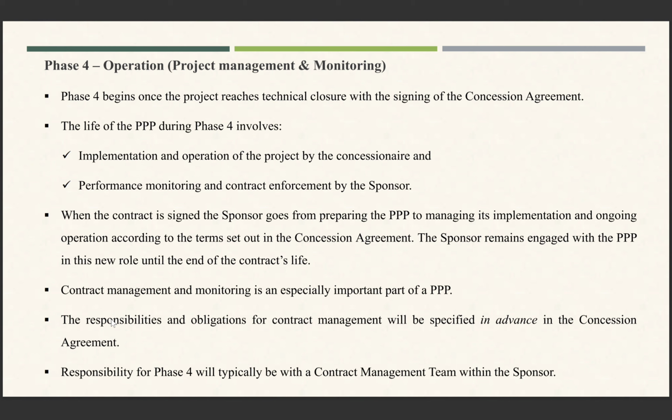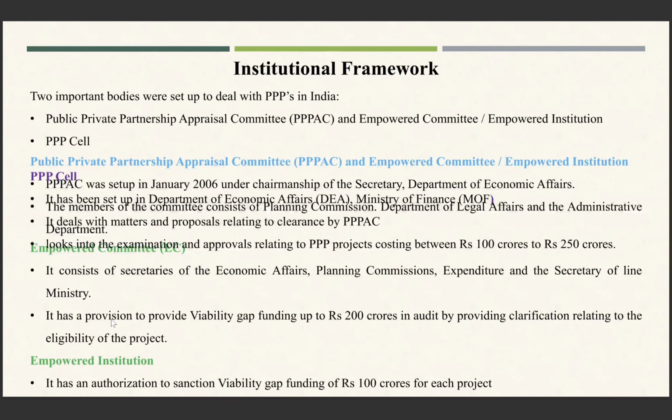The life of the PPP during phase 4 involves implementation and operation of the project by the concessionaire and performance monitoring and contract enforcement by the sponsor. The responsibility for phase 4 will typically be with the contract management team within the sponsor.